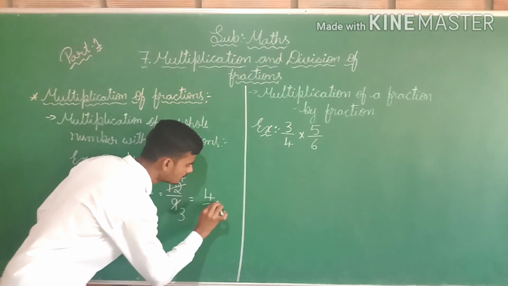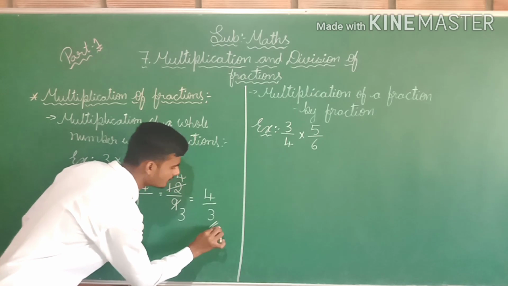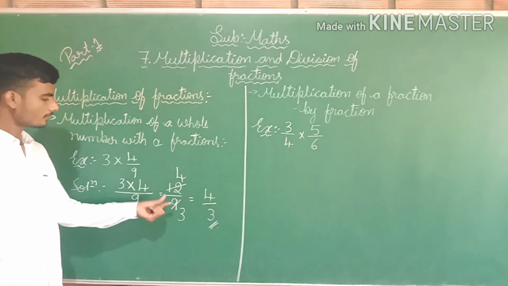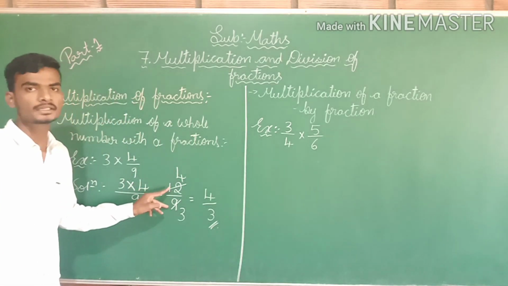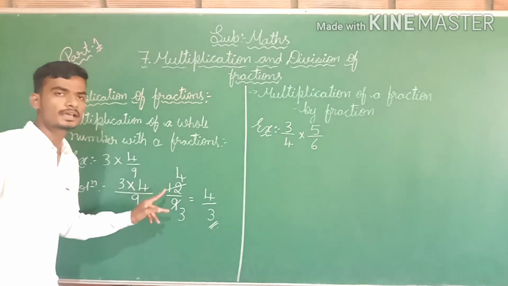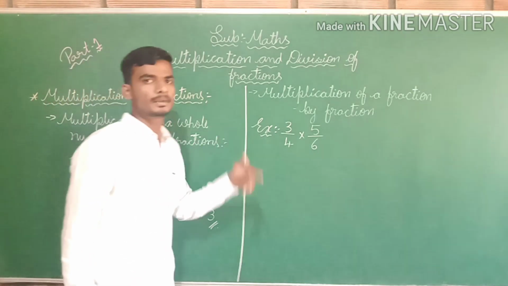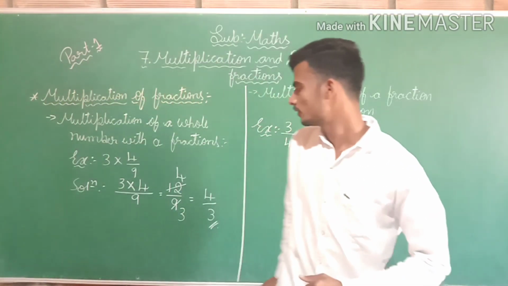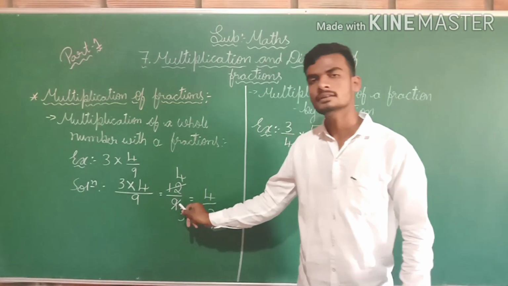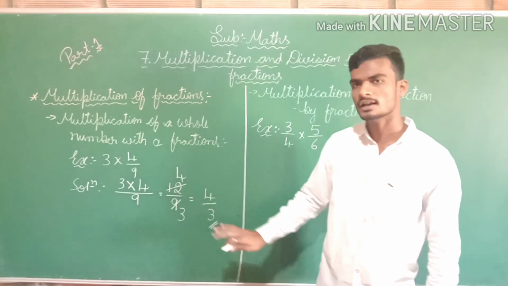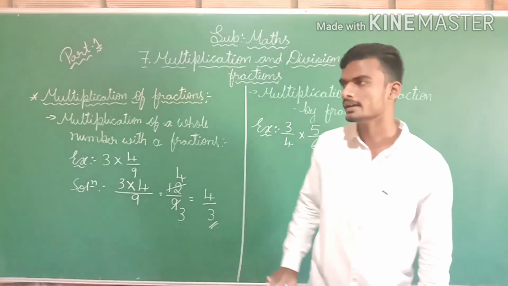Then this is the final answer you will get here. The numbers must be divided using the same multiplication table itself. Then you can solve this, or else you can stop here itself.